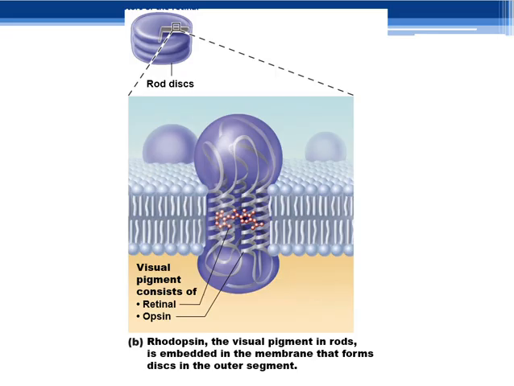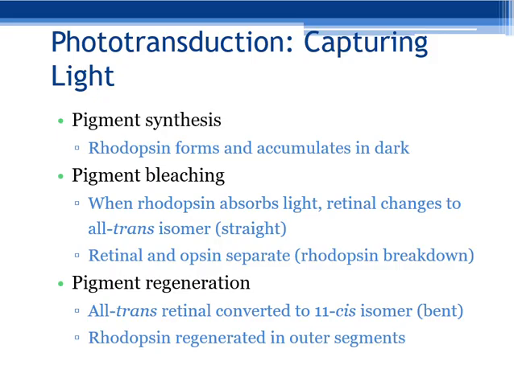When light hits the retinal in this membrane inside its pigment, it goes from that bent to straight form, and that would be pigment bleaching. And that occurs after pigment synthesis and before pigment regeneration.